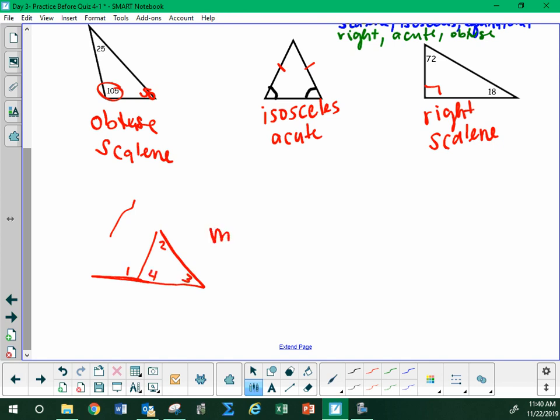If I tell you the measure of angle 2 is 50, and the measure of angle 3 is 70, what would the measure of angle 1 be? No, guys. It would not be 100. It'd be 60. So we want the measure of angle 1.